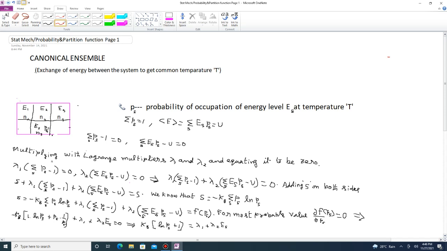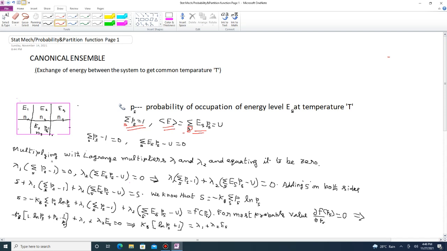Now here Ps is the probability of occupation of energy level Es at temperature T. If you take the sum over all the probabilities, sum over S, the total probability must be 1. The average energy or the mean energy of the system is defined by the sum over S of Es Ps.